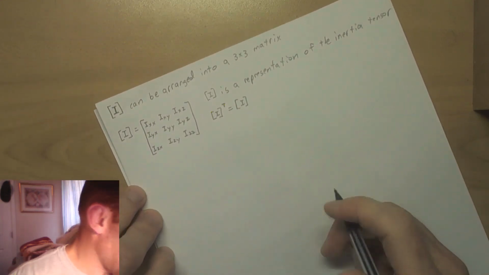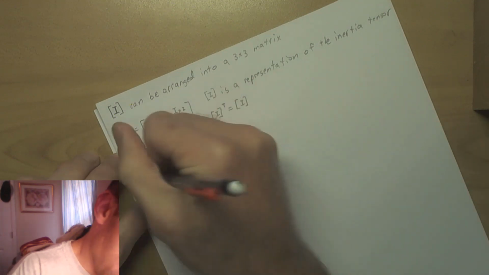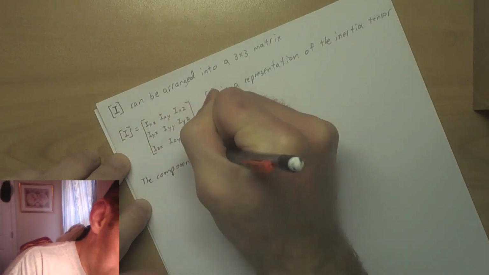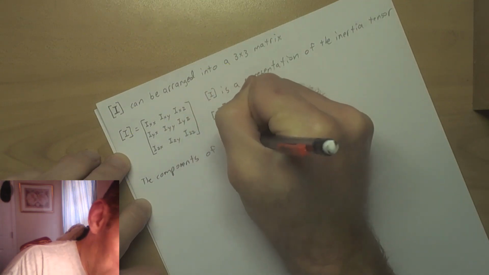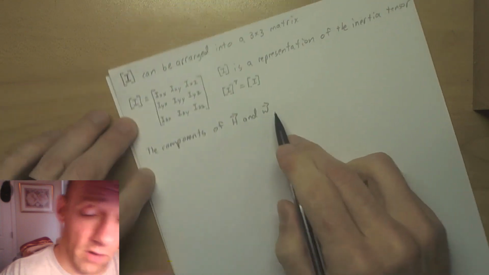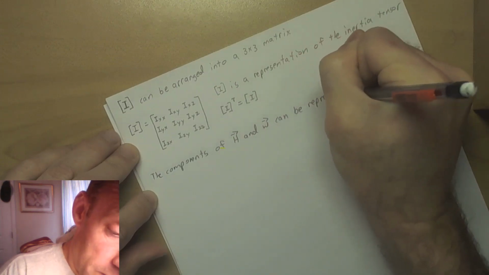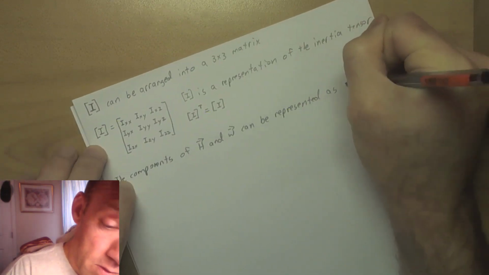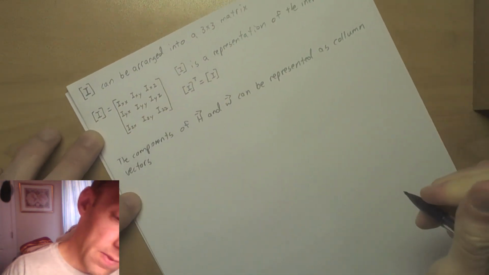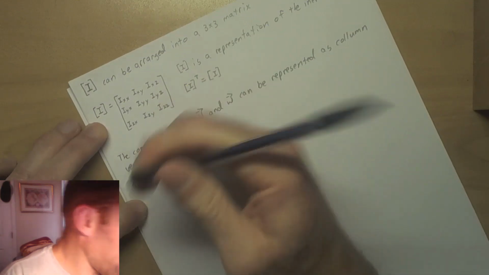Now, why would we do this? In this case, we can represent the components of the angular momentum and the angular velocity as column vectors.